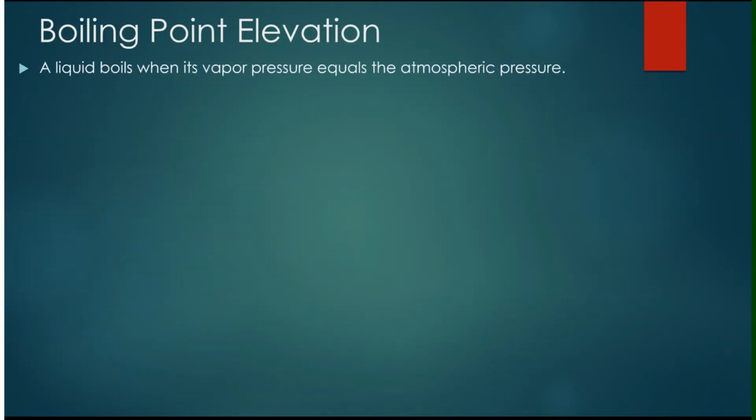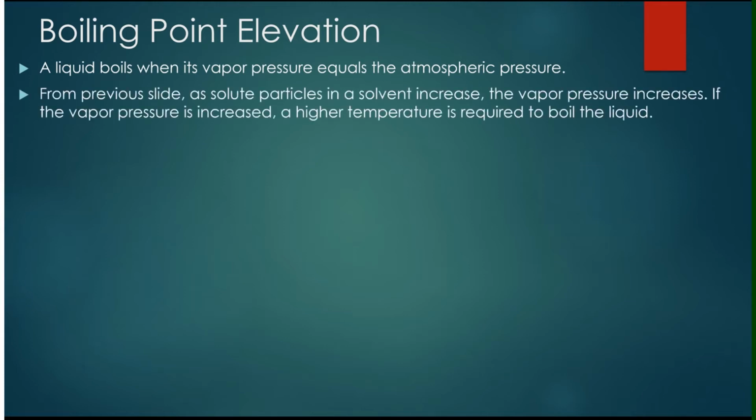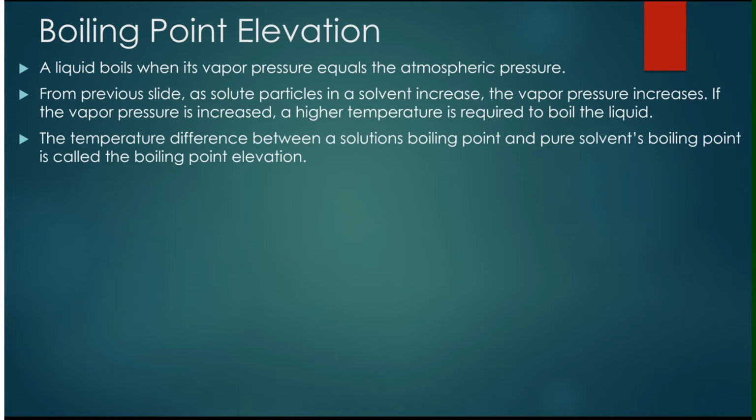Kind of leads us into our second colligative property, boiling point elevation. So liquids boil when that vapor pressure we just talked about equals atmospheric pressure. And for water, pure water, that's at 100 degrees Celsius. However, what we just looked at was as you start to add more and more particles to a solution, the vapor pressure is lowered.